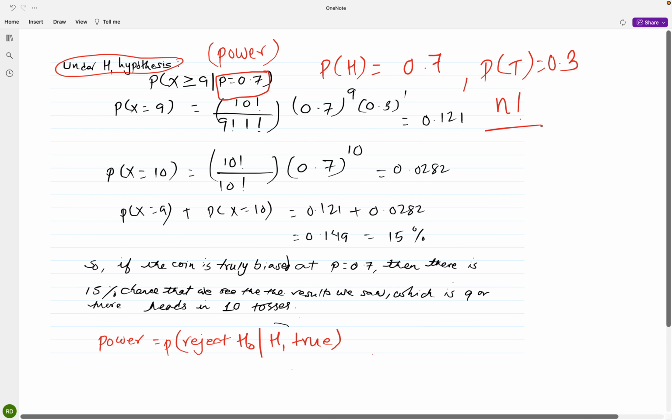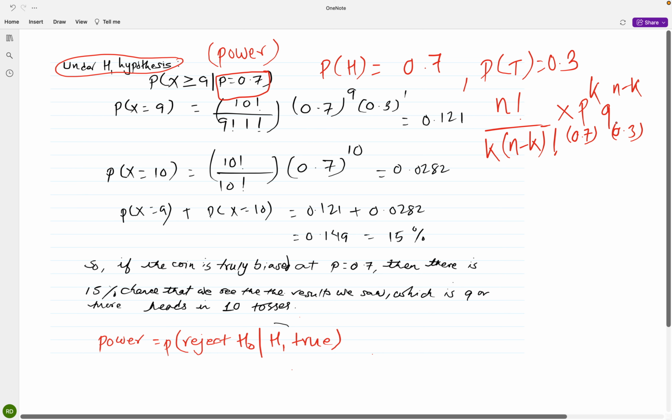Now we simply plug in those values in the binomial expansion formula, which is n over k factorial times n minus k factorial, times p to the k, q to the n minus k. So 10 total, number of heads is 9, number of tails is 1, probability of getting head is 0.7. This time it's not half anymore, it's 0.7, the probability of tail is 0.3.